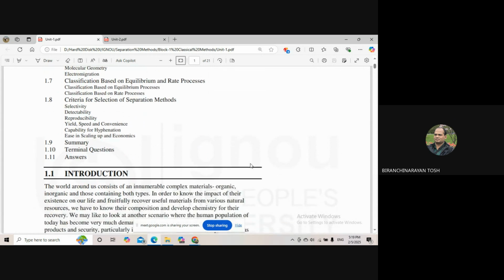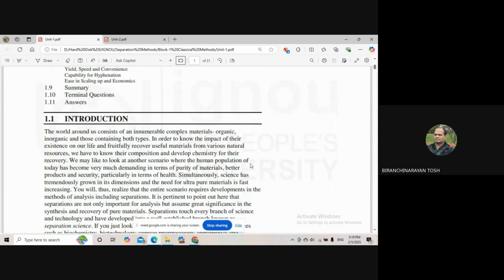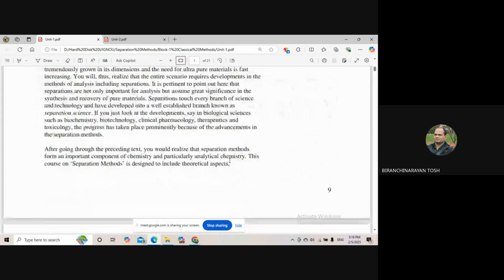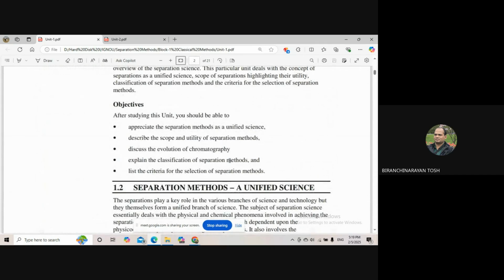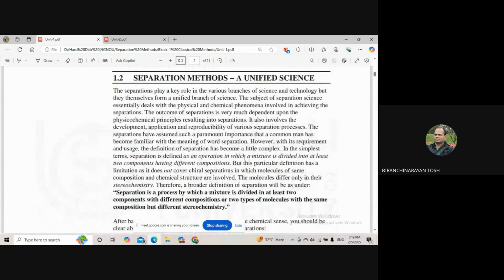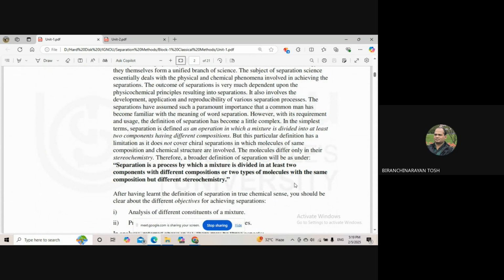Okay, so in separation, what do you mean by separation? If you see the definition, then separation is a process by which a mixture is divided into at least two components with different compositions, or two types of molecules with the same composition but different stereochemistry.